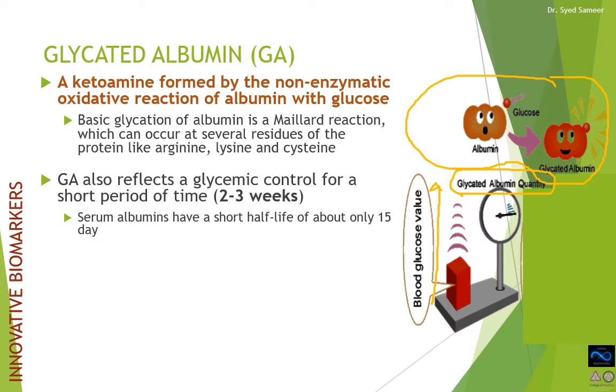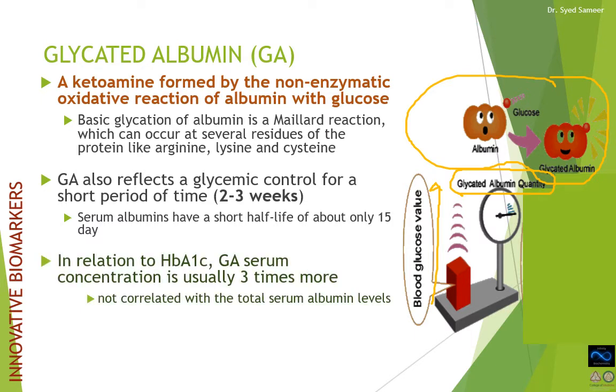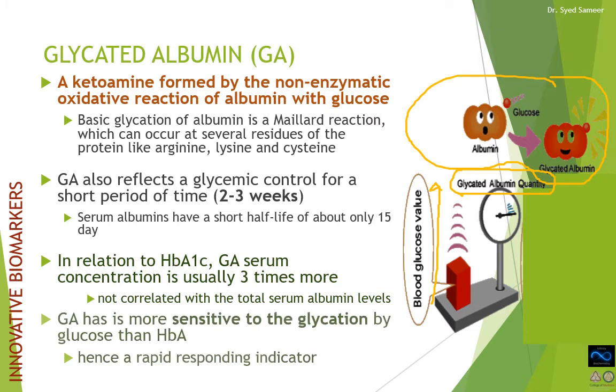Further, when we compare it with the HbA1c, glycated hemoglobin, in relation to the glycated hemoglobin, glycated albumin serum concentrations are usually 3 times more present in the hyperglycemics. So it can be said that they are more sensitive to the change in the levels of glucose in the patients.